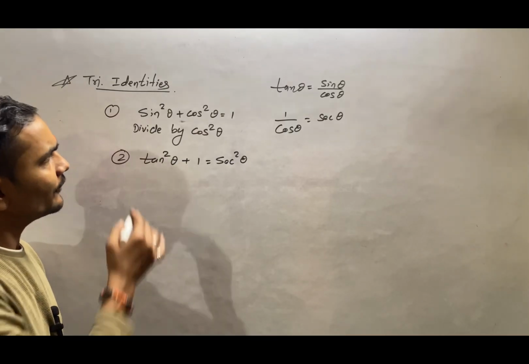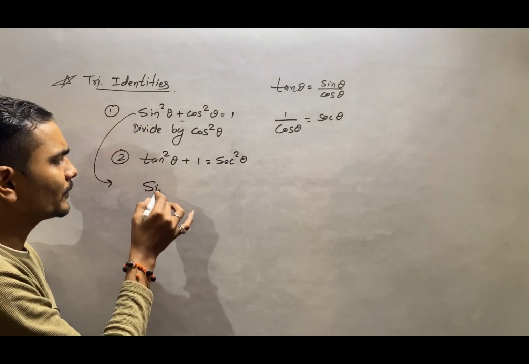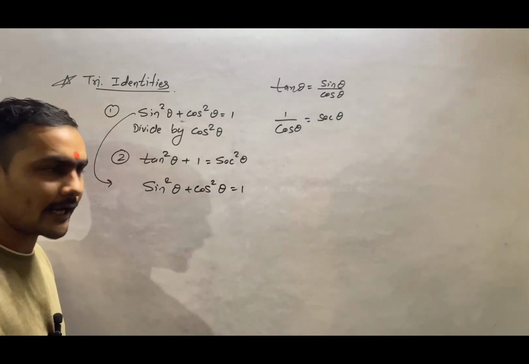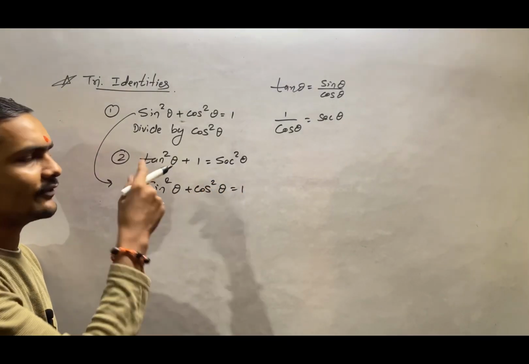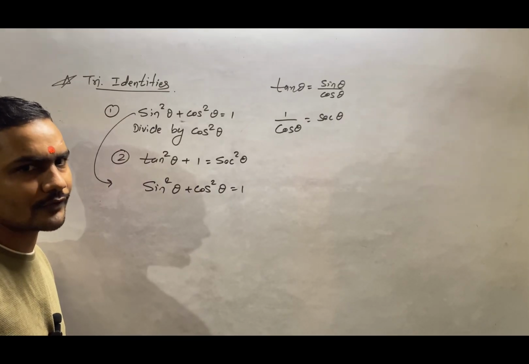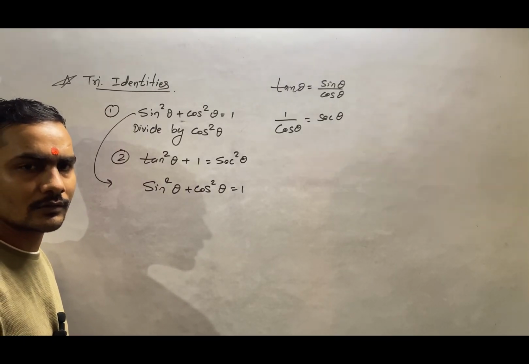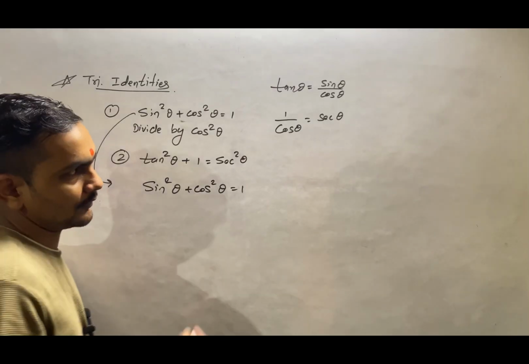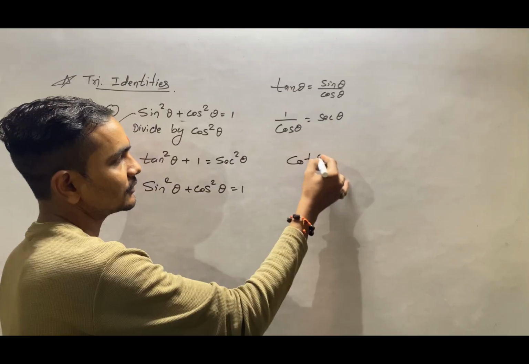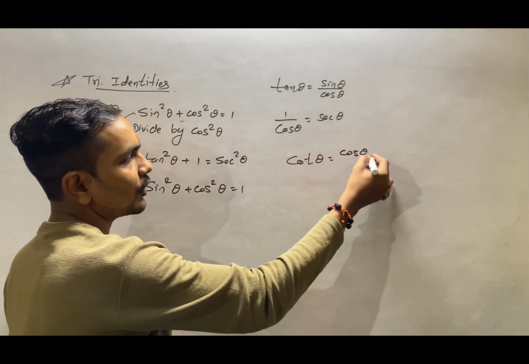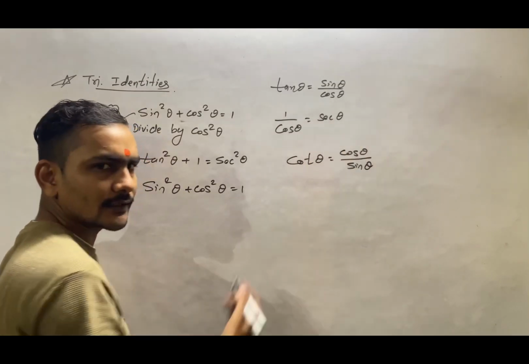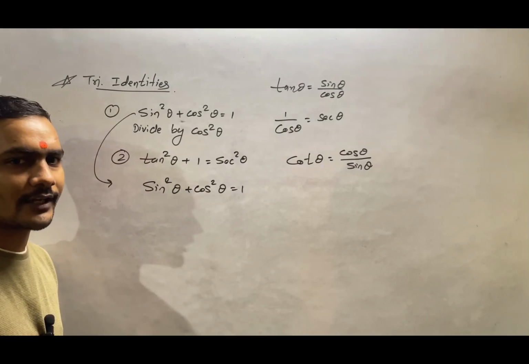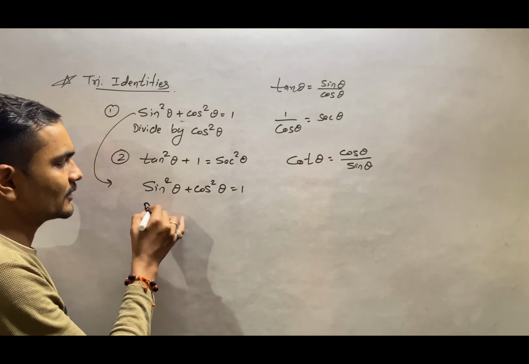Okay, now let's suppose, again using the same identity, sine square theta plus cos square theta equals 1, and now instead of tan we need cot. So what we will do, we need cot, and cot means cos theta over sin theta. So this time we will divide by sin square theta.